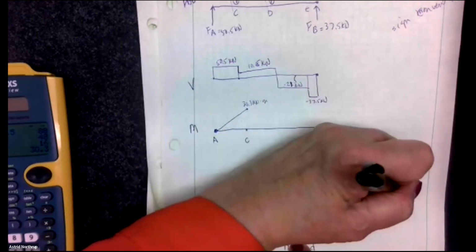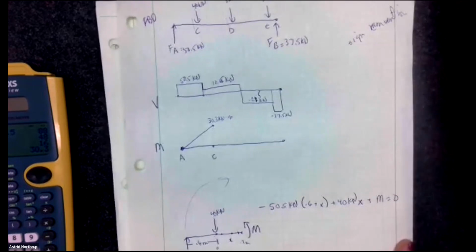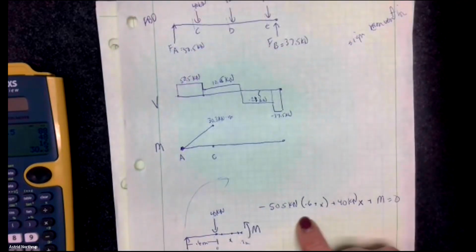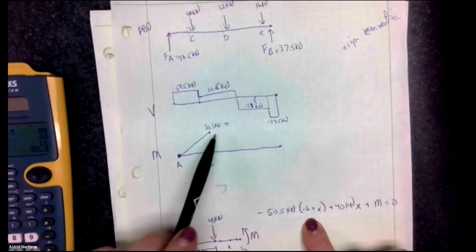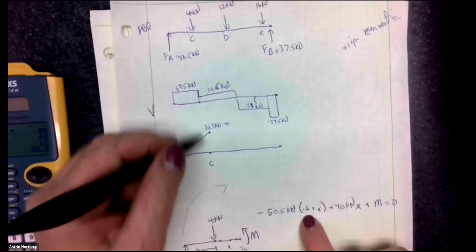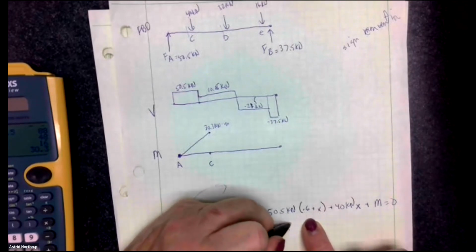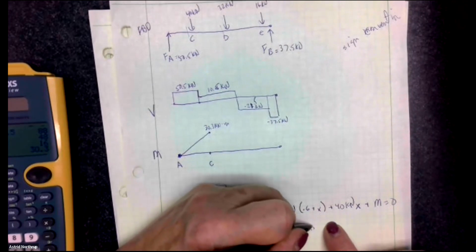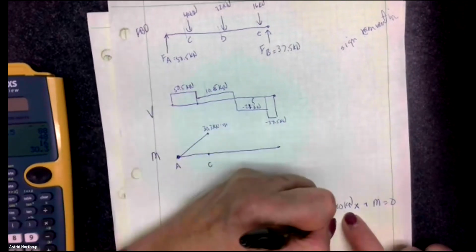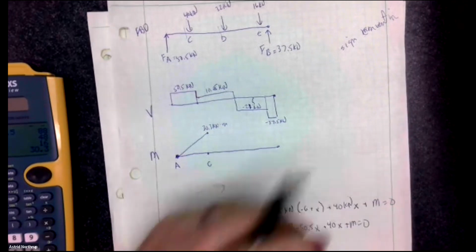That's right. Plus m equals 0. Okay. So when I do this times this, lo and behold, I get that initial condition. 50.5 times 0.6 is negative 30.3 kilonewton meters, minus 50.5x plus 40x plus m equals 0.